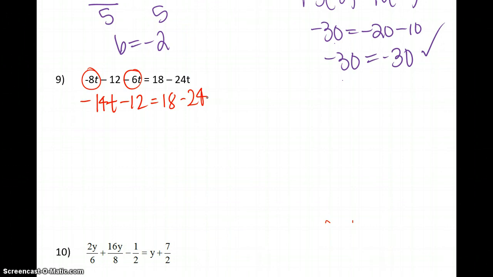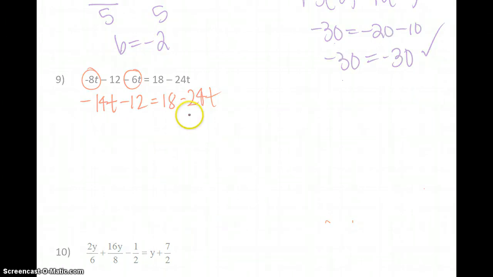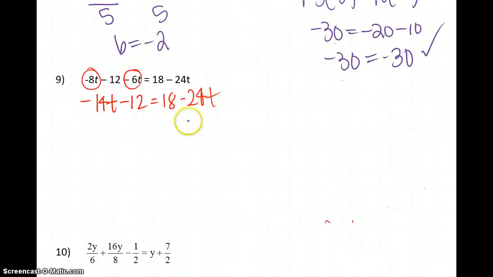Okay, so now I need to get all the 24t. I need to get all the variables to one side and all the constants to the other. So I am going to add 24t to both sides.